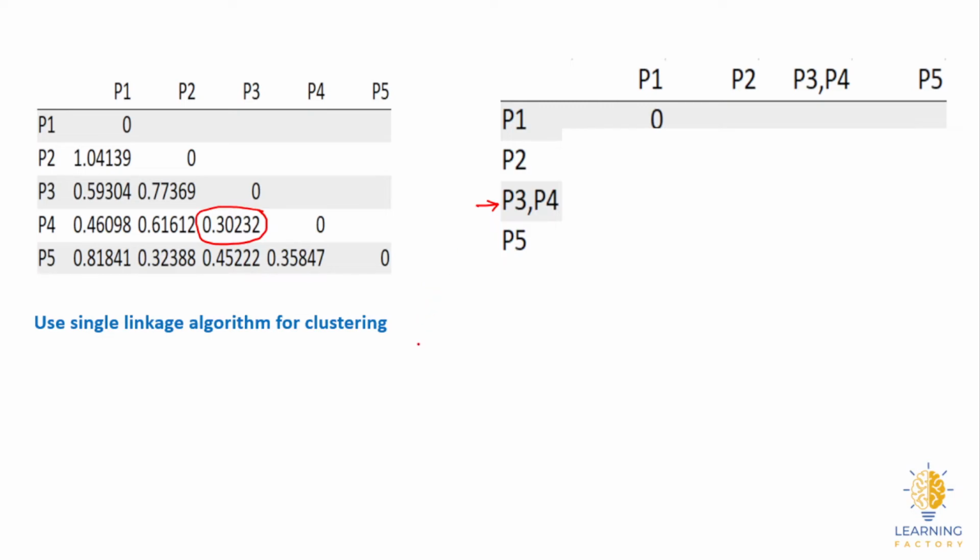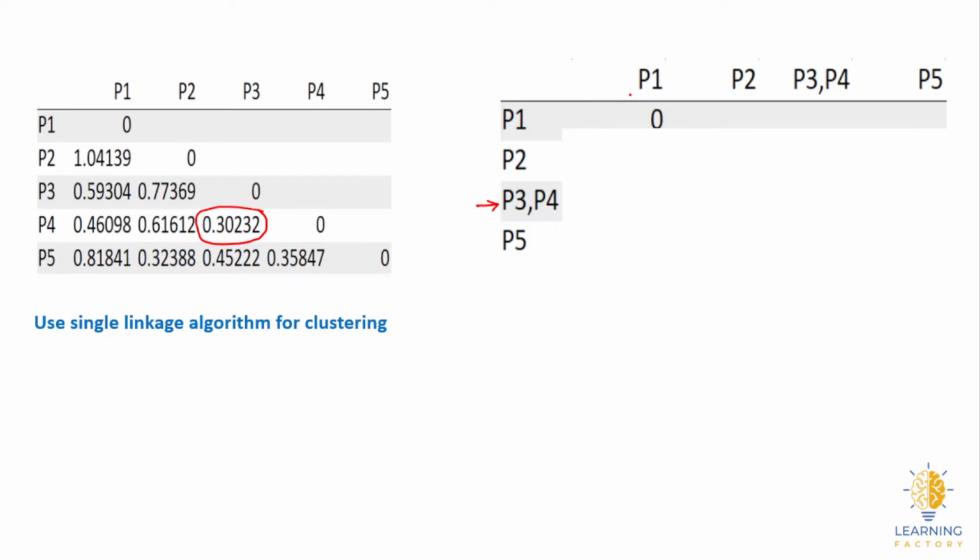One cluster may have more than one point, so we compute the distance between each pair of points belonging to the respective clusters, and whichever is the minimum distance, we pick that as the distance between the two clusters.